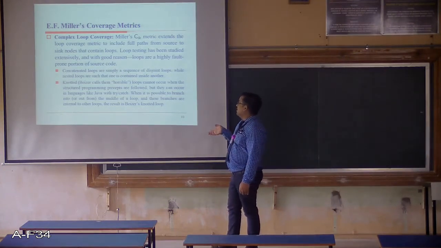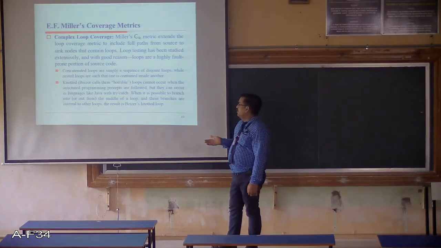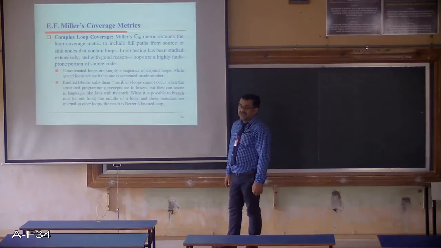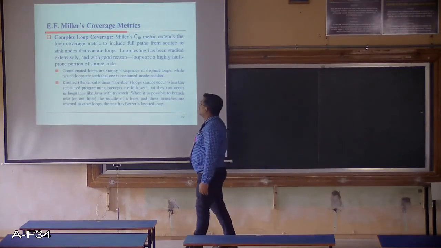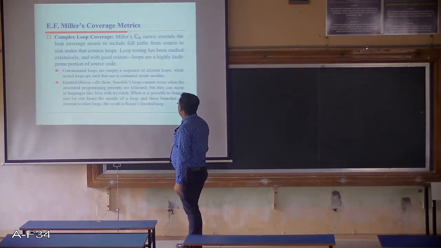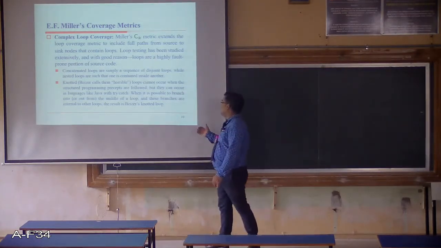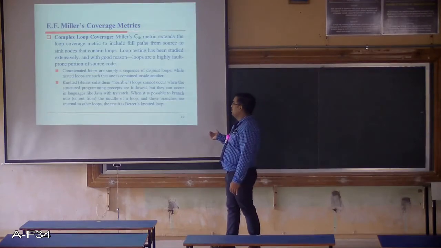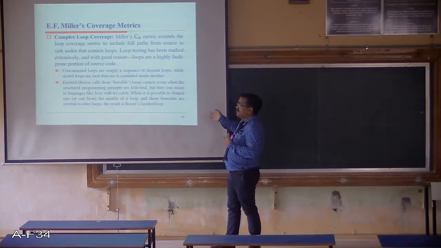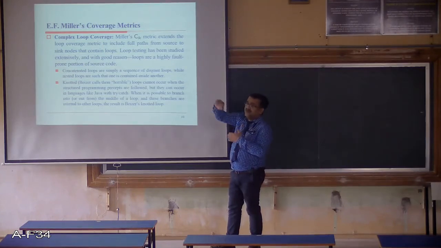But they can occur in some languages like Java, where we have try and catch conditions, exception conditions. There we can have such knotted loops. Basically, it is possible from outside for the loop condition to jump into the main loop.